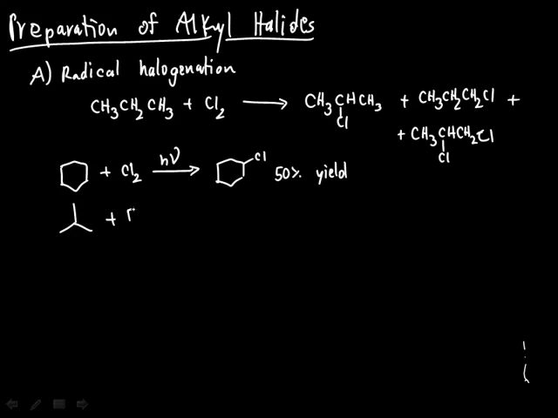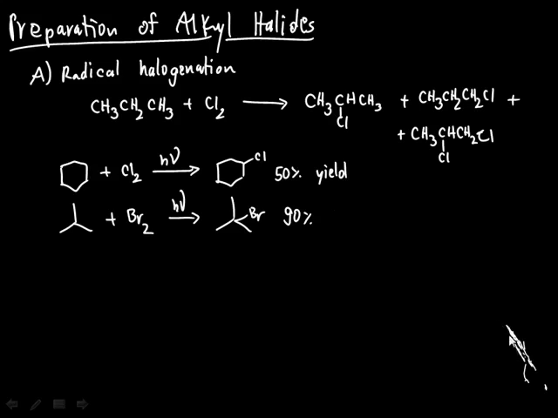Bromination tends to be more useful than chlorination because bromine is so much more selective, so we can get tert-butyl bromide in about 90% yield by simple radical bromination. We owe this to the fact that the tertiary position is much more reactive. However, bromine is much more expensive than chlorine, so industry doesn't really like using bromine very much.